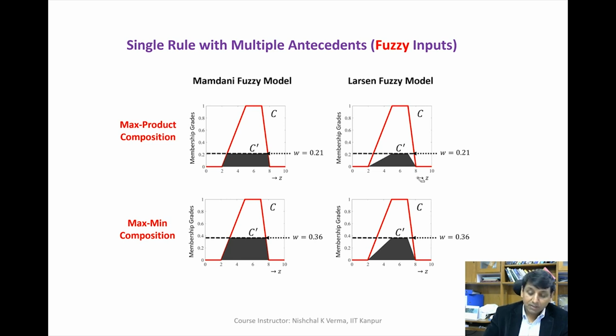Here we see the Larsen fuzzy model with max product composition, and here the max min composition, for the same fuzzy inputs. So we see the difference as to how we get the output, and again the difference between the Mamdani fuzzy model output and the Larsen fuzzy model output.